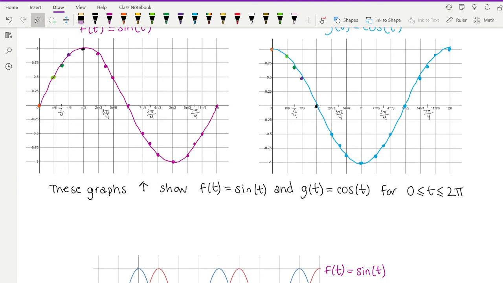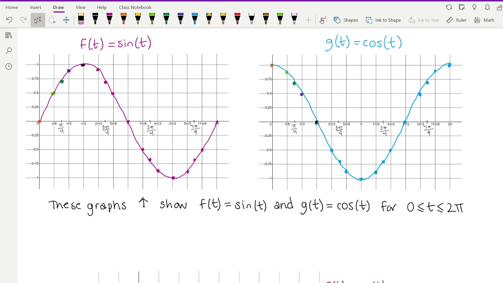So what happens if you zoom out and look at values of t to see what the graph looks like, not just between 0 and 2 pi? So what we're going to see is that the shape of the graph is going to repeat itself.